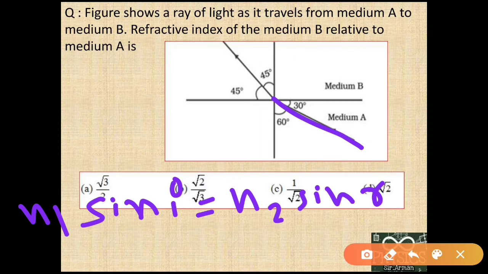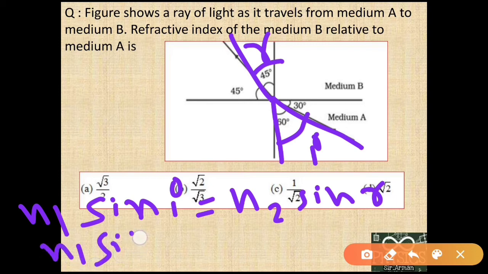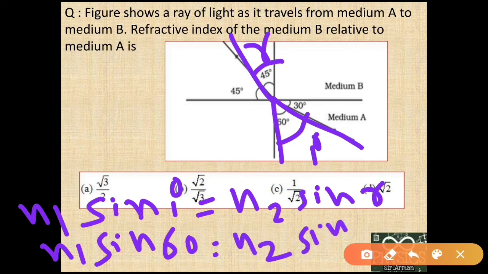Here the light is moving from medium A to medium B. So this angle is called the angle of incidence, and here the light is refracting, so this angle is called the angle of refraction. Here the angle of incidence is 60 degrees, so eta 1 sine 60 equals eta 2 sine, and the angle of refraction is 45. Okay, remember this, we will use this later.